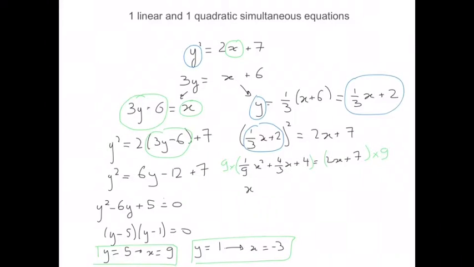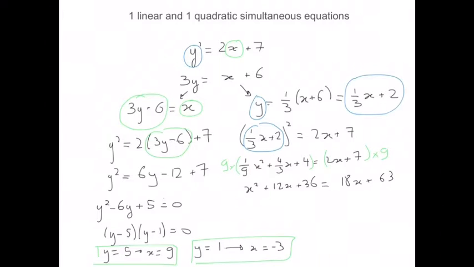So we get x squared. If you multiply the 9 over the 4 thirds here, the 3 is going to cross out one of the 3s in the 9, so you end up with 12x, and 9 times 4 is 36. And this has to be equal to 18x plus 7 times 9, which is 63.